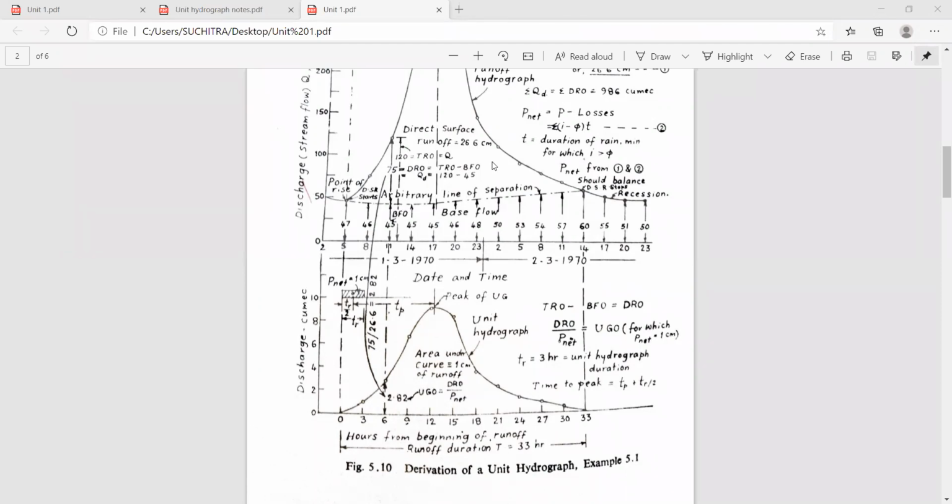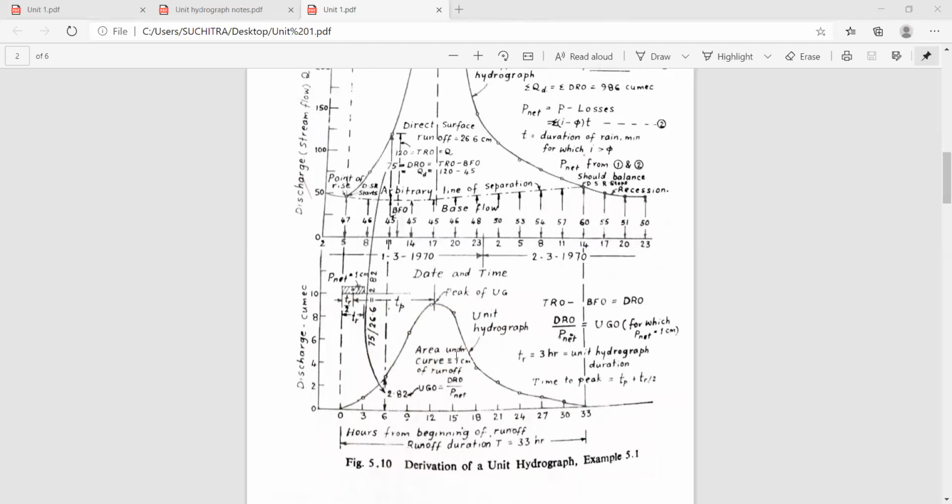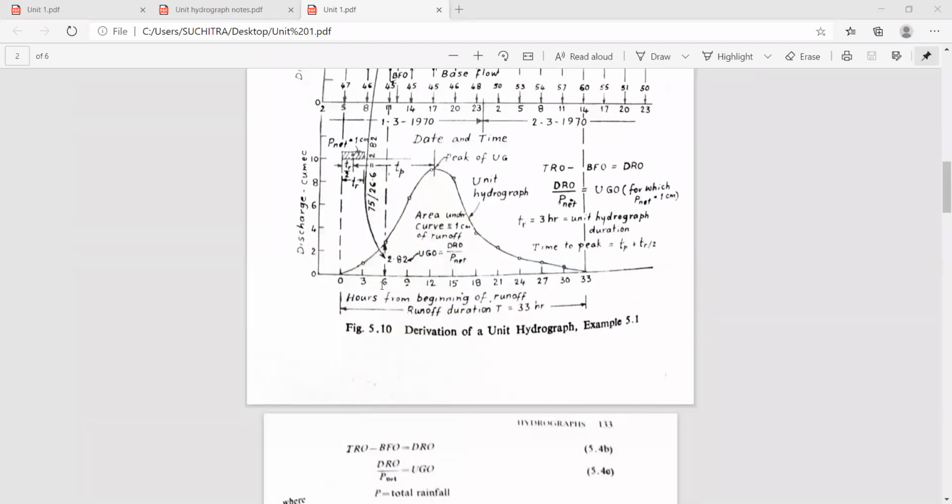When you plot it on a graph, we shall discuss this problem again. Next you have to divide each of these direct runoff ordinates by the net precipitation depth in order to get the ordinates of the unit hydrograph.